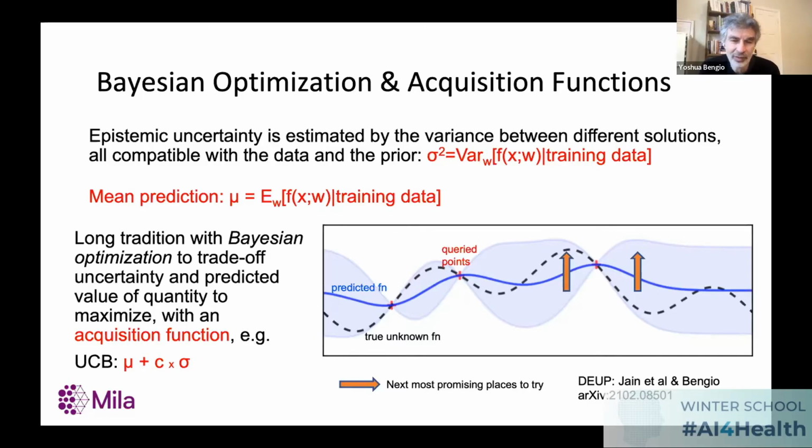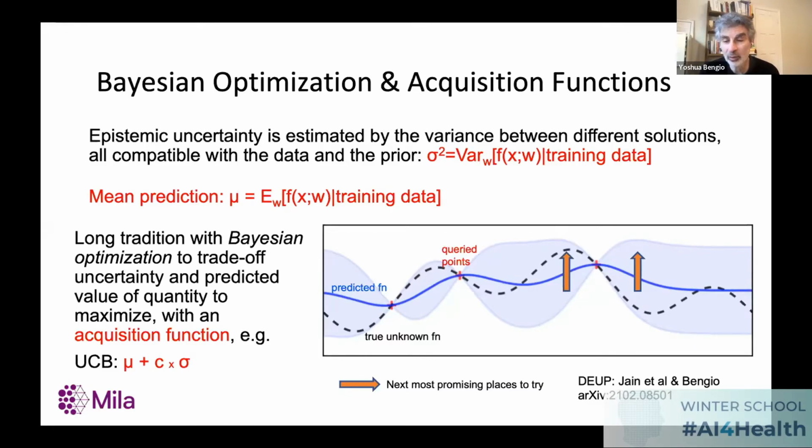We know the answer if there was no noise in the data, let's say. And the dashed thing is the true unknown function. And hopefully, if the Bayesian thing is doing its work, it's sitting inside this confidence interval in function space, right?